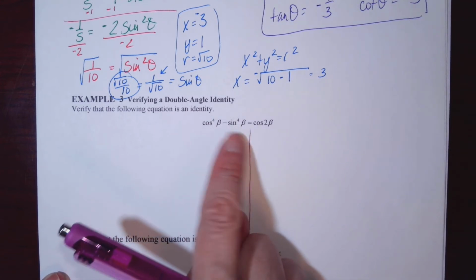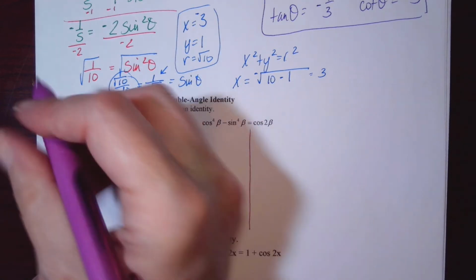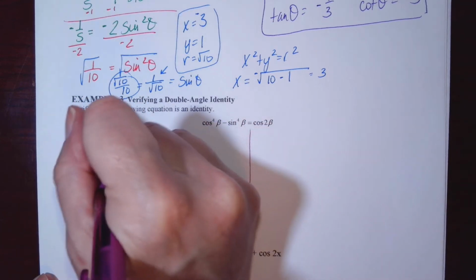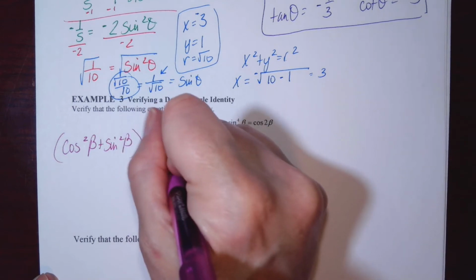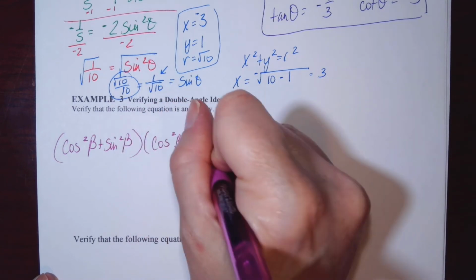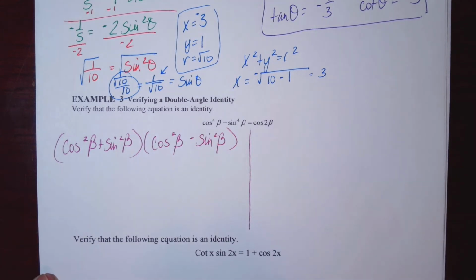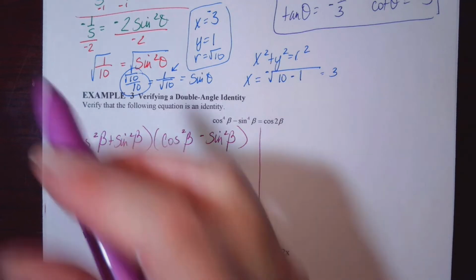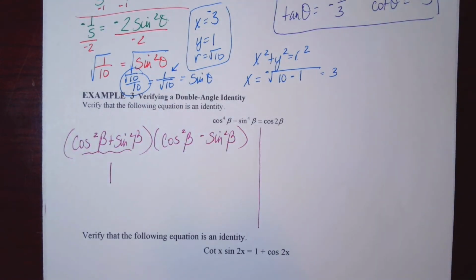This is a difference of squares. Difference of squares factors out to give me conjugate pairs. So that would give me cosine squared beta plus sine squared beta times its conjugate, cosine squared minus sine squared. And this is my fundamental Pythagorean identity. It's just 1.